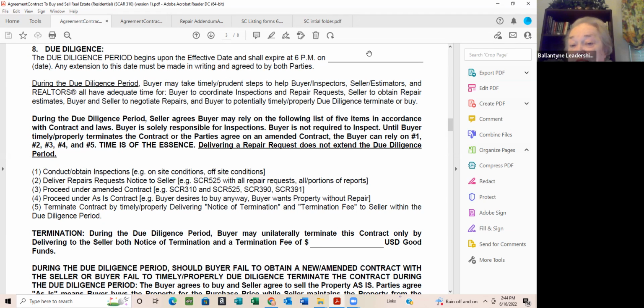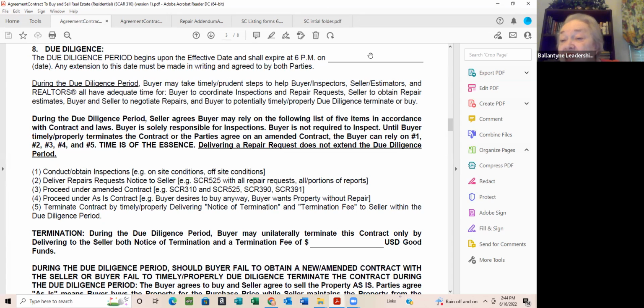If for whatever reason the buyer wants to terminate, they cannot live with something they found out during their inspection period, or maybe they just changed their mind, or maybe they didn't sell the house they thought they were going to. Whatever, they can terminate for any reason before this date.